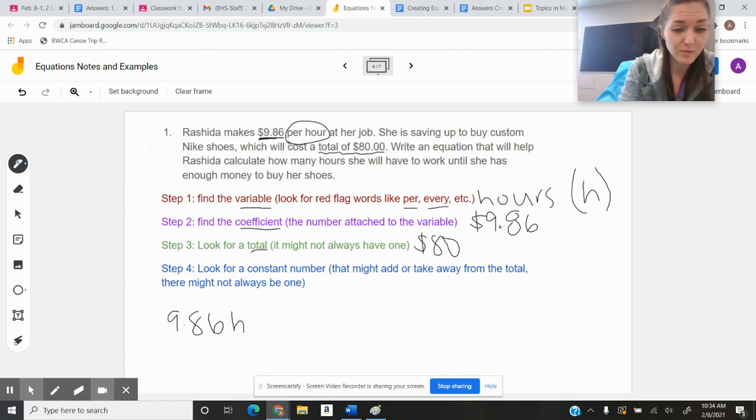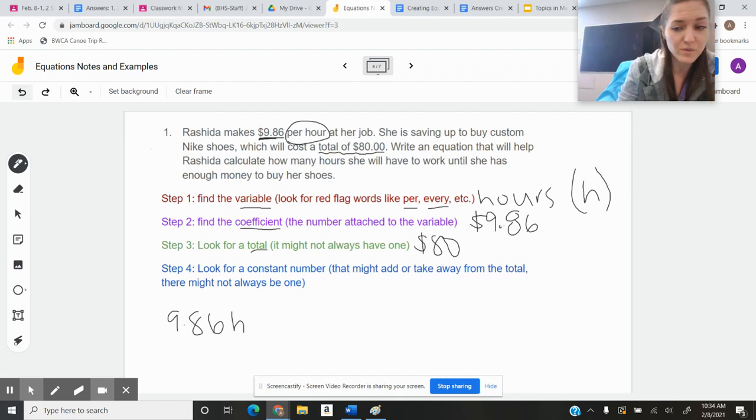Step 4, look for a constant number that might add or take away from the total. There might not always be one. So let's see if there are any other numbers in this problem that would indicate whether something is going to add or take away from the total. It doesn't look like there's anything else, so we just have these 3 things to work with. She gets paid $9.86 per hour, and I know I'm multiplying those 2 things.